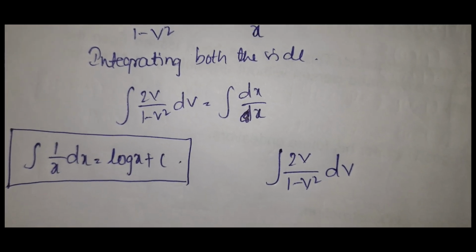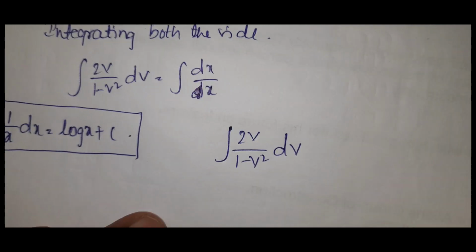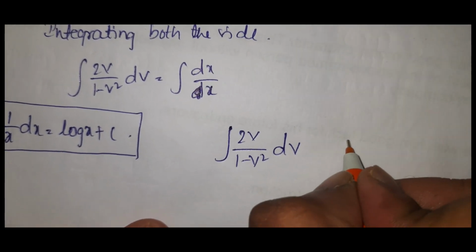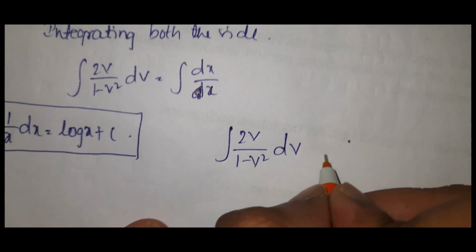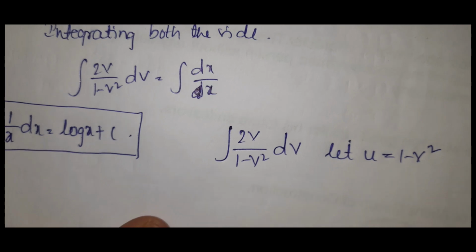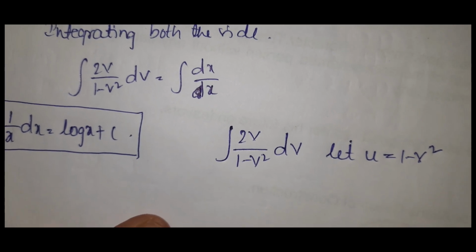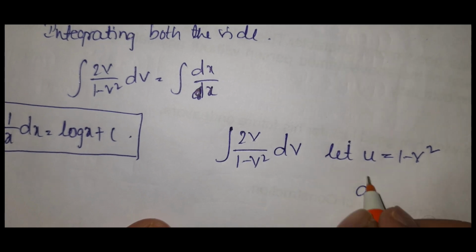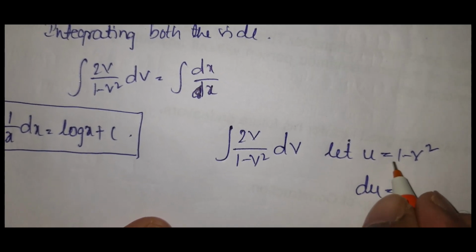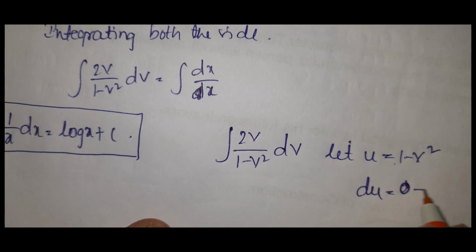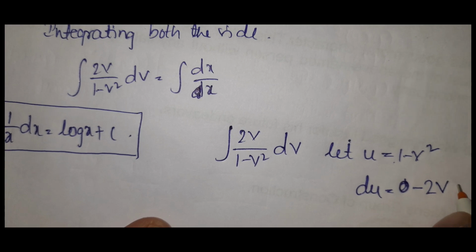So look here, what we are doing is taking u equal to, let u equal to 1 minus v square. Now differentiating both the sides, du is equal to differentiation of a constant is 0, and differentiation of v square is 2v dv.